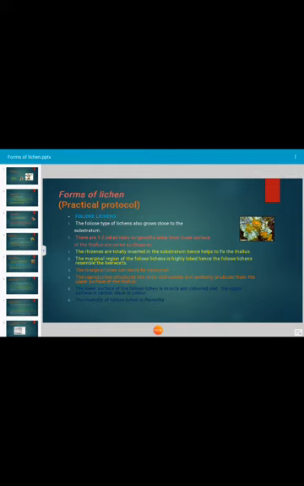Another form of lichen is foliose lichen. Foliose lichens grow close to the substratum, but there are one to two celled hairy outgrowths arising from the lower surface of the thallus, known as rhizines. The rhizines are totally inserted in the substratum, hence they help in the fixation of the thallus.